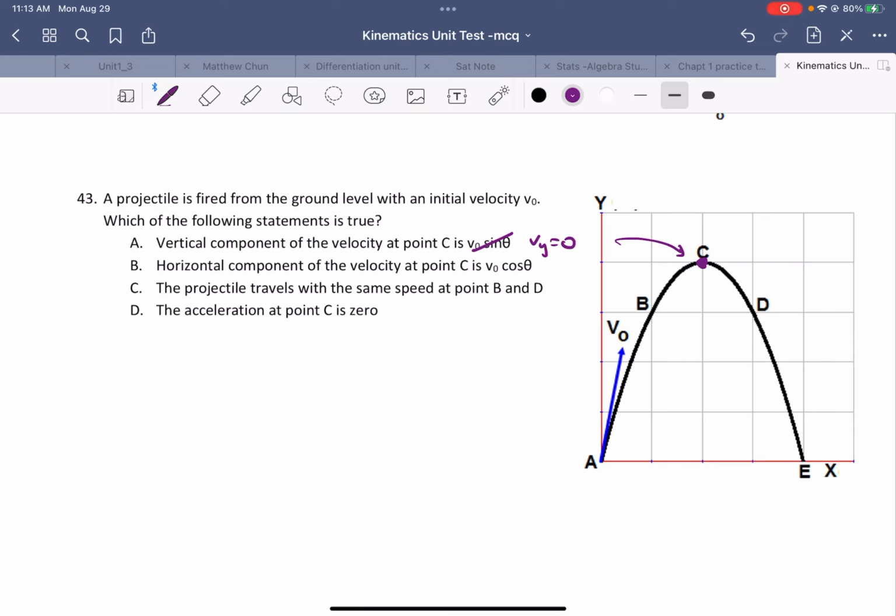The horizontal component is the same as the original, V naught cosine theta, so that's true. The projectile travels with the same speed at B and D, since it's the same height, so your speed should be the same. Okay, your velocity here and the velocity back down should be the same, so C is also true. Acceleration at C, no, acceleration is gravity, so it's always negative 10, so it's not 0.